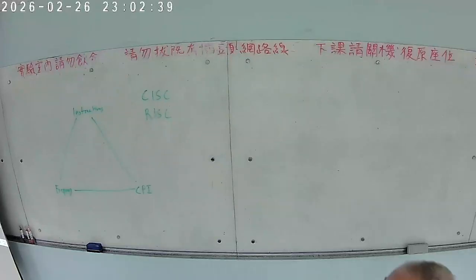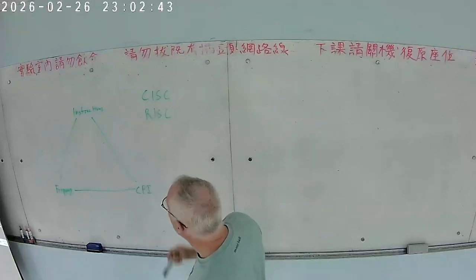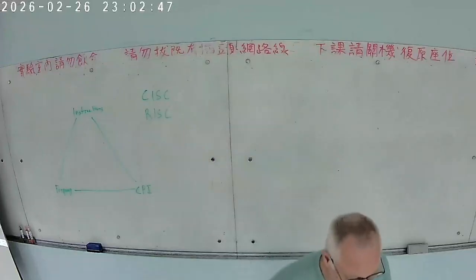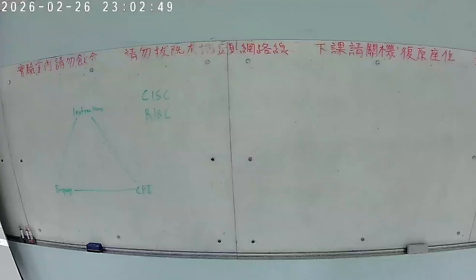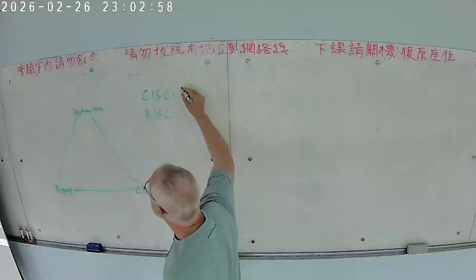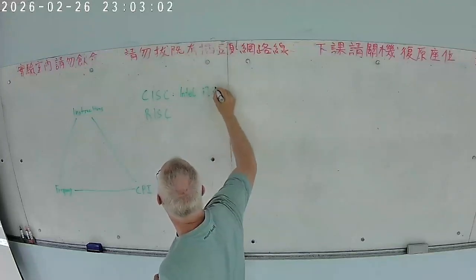And so, for a while, there was a big fight between what kind of processor design would be better. And CISC is kind of the Intel CPUs, your i7, i5, so forth.